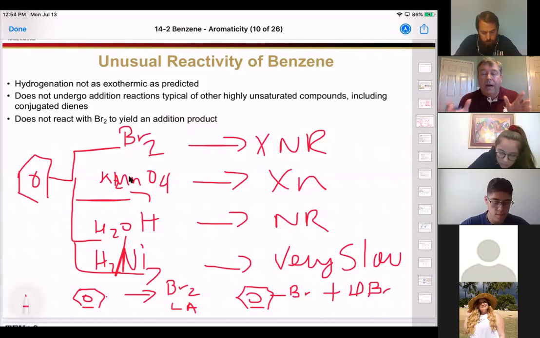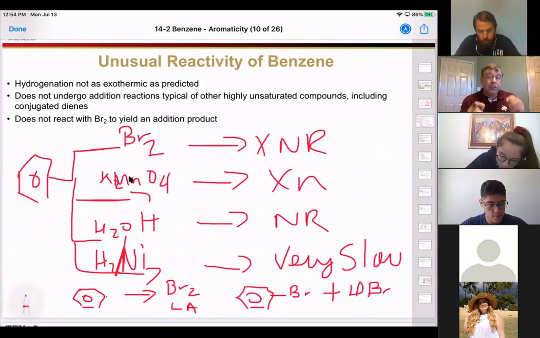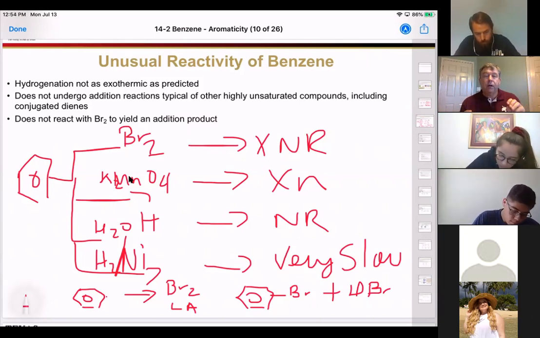Now, why? Okay, and that has everything to do with the idea that we have a stabilized system, and in this particular system, that stability is much higher than just conjugated dienes. So we have a new term to talk about, and what we're calling that is aromaticity.